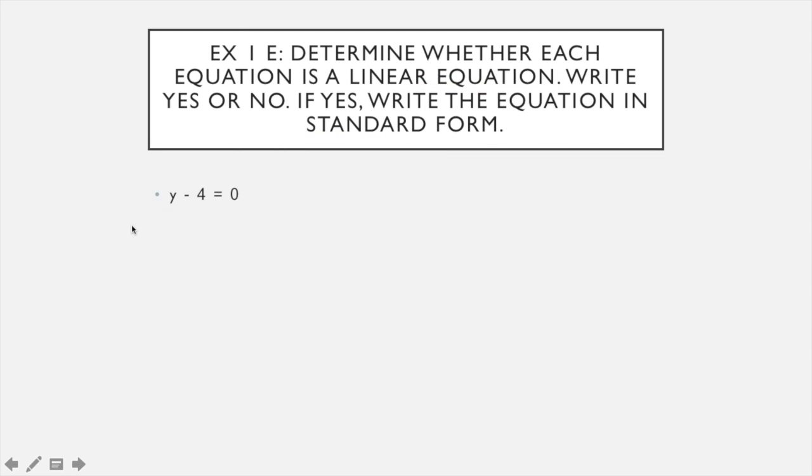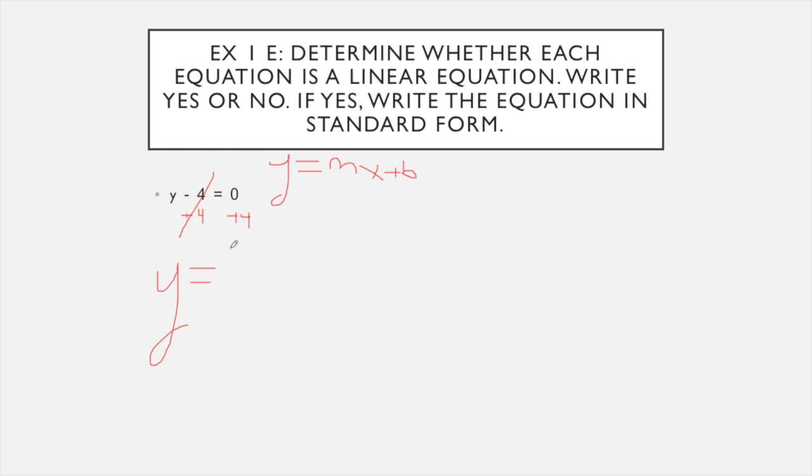Now 1e, same process. Is this thing a line? So we know we always want to try to check by getting our equation in this form. So we know we want y by itself. So take this 4. We will add to both sides. Over here this becomes a 0, and over here we'll get just 4.